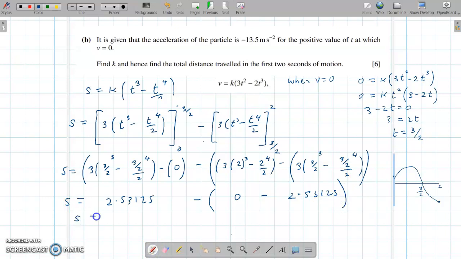Altogether we end up with 5.06 meters. If you'd been smart, you could have just known that it's double that, 2.53125 times 2.